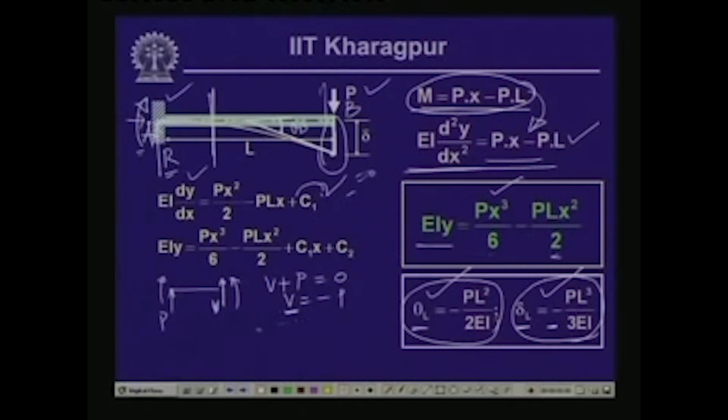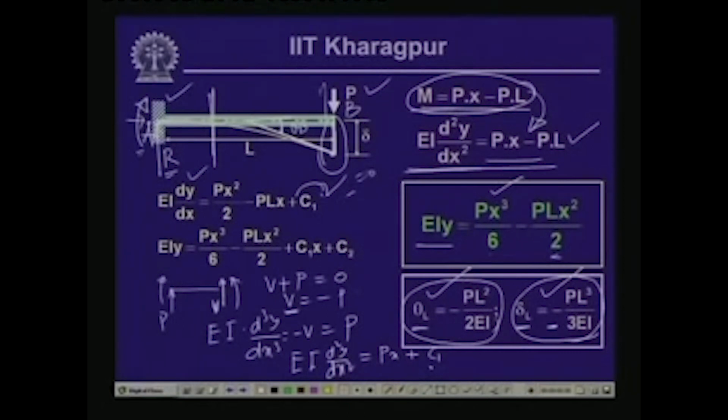Now, EI d3y by dx3 is equal to minus V, and since V equals minus P, this is equal to P. If we integrate this, we have EI d2y by dx2 equal to Px plus C1.